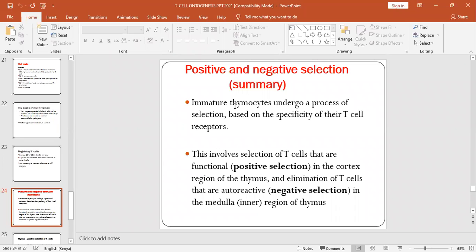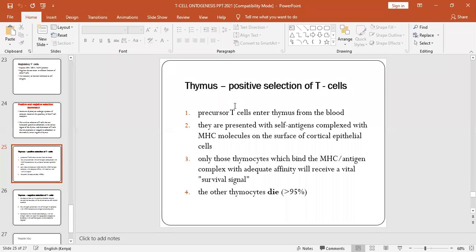So get that point very clear when you want to differentiate between positive and negative selection. In positive selection, the precursor T cells enter the thymus from the blood. They are presented with self-antigens complexed with MHC molecules on the surface of cortical epithelial cells.